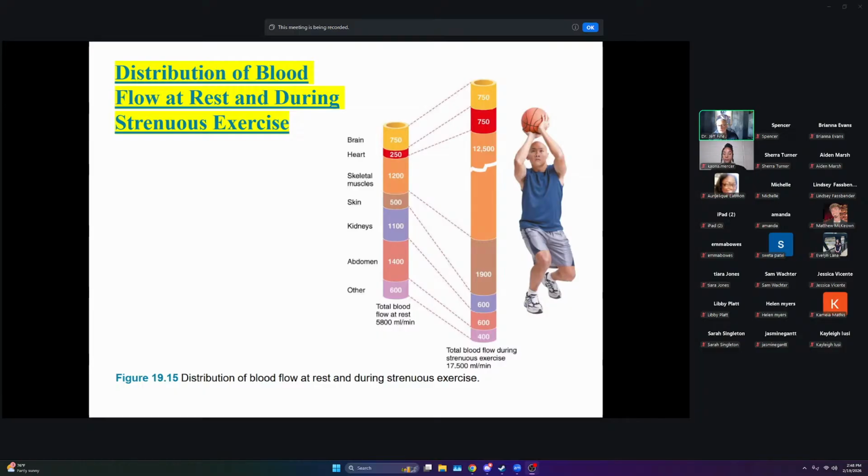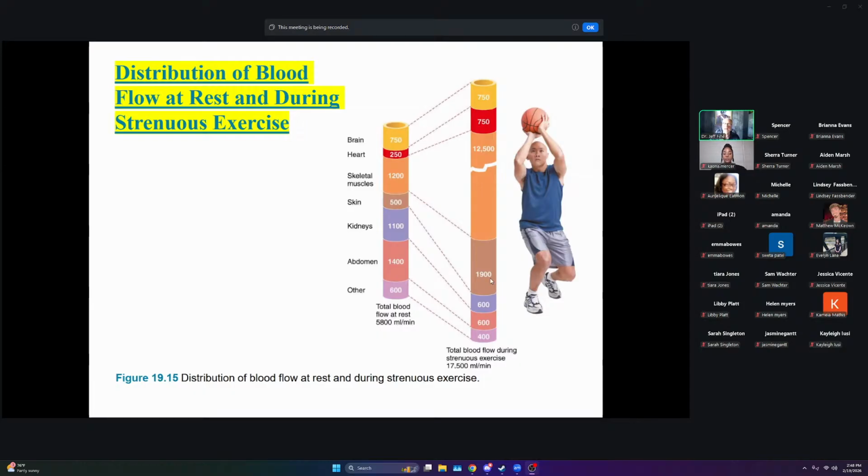The biggest increase or redistribution, probably to no one's surprise, is going to be our skeletal muscles, because of course, when we're exercising, it is our skeletal muscles that are working. They're what are taxed. They need glucose. They need a lot more oxygen in order to not fail or become fatigued and exhausted. So no surprise that our heart and our skeletal muscles have an influx or an increase of blood supply during exercise.